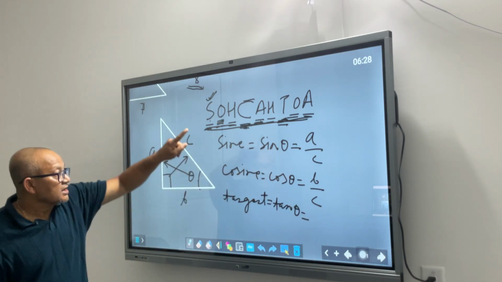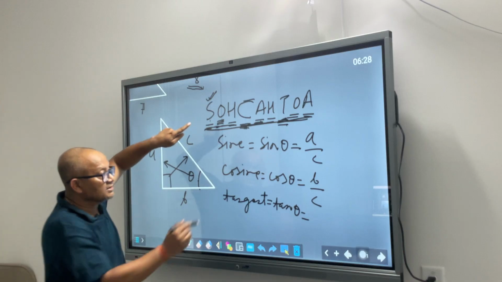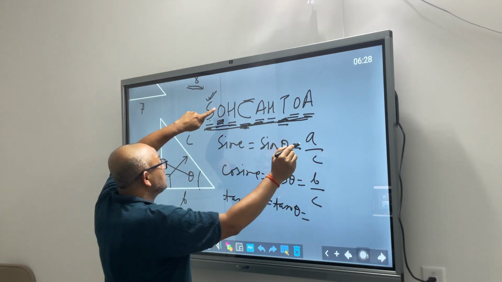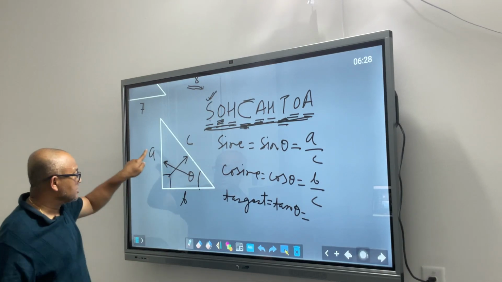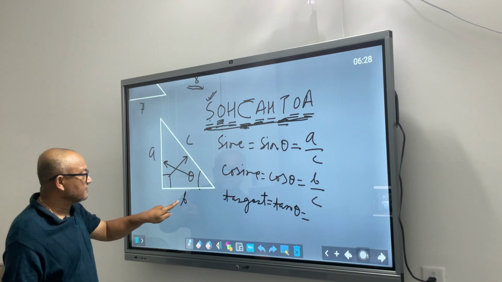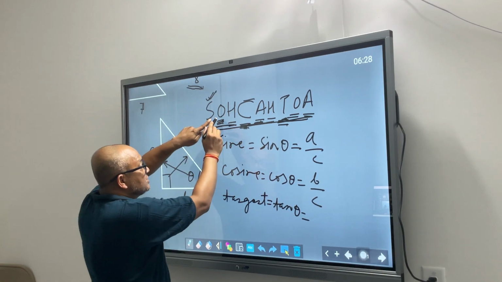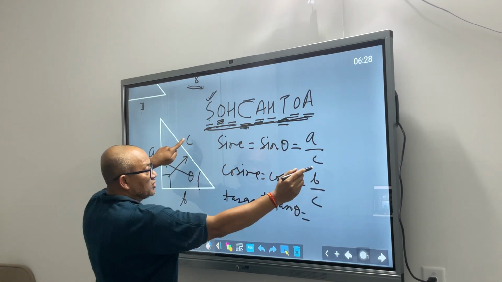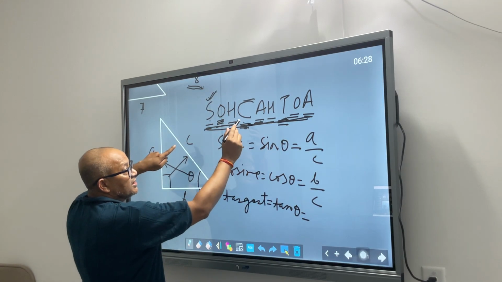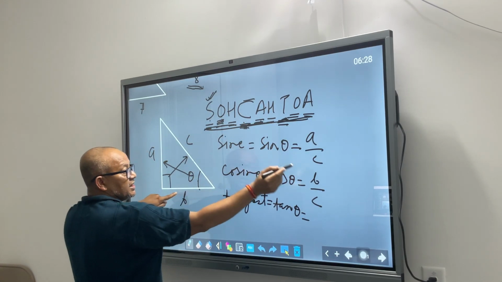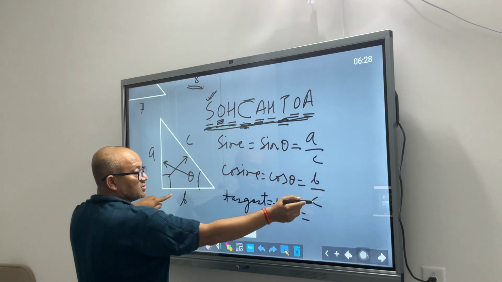and tangent. Sine of an angle is equal to opposite side, here in this case opposite side was A and adjacent side was B. So sine of an angle is opposite side by hypotenuse, A over hypotenuse C. Cosine of an angle is adjacent side B divided by hypotenuse.